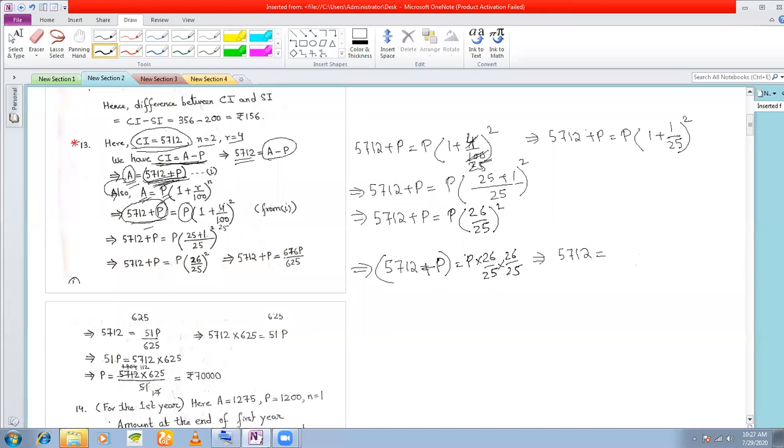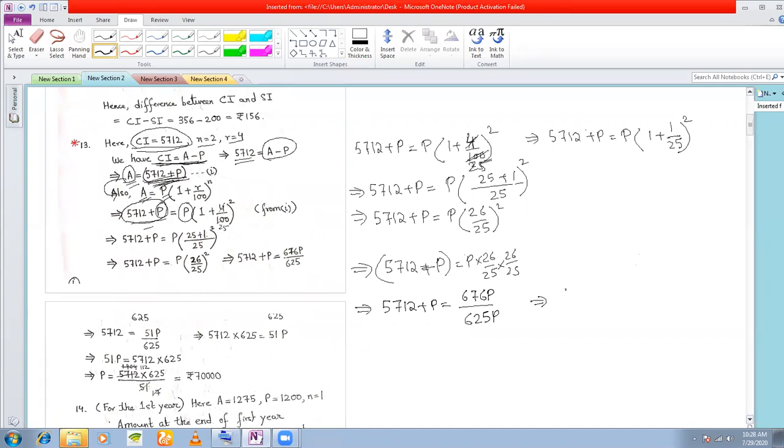Okay. So therefore, if I multiply 26 and 26, there's no way I can cancel any out, so I simply multiply 676 P divided by 625.